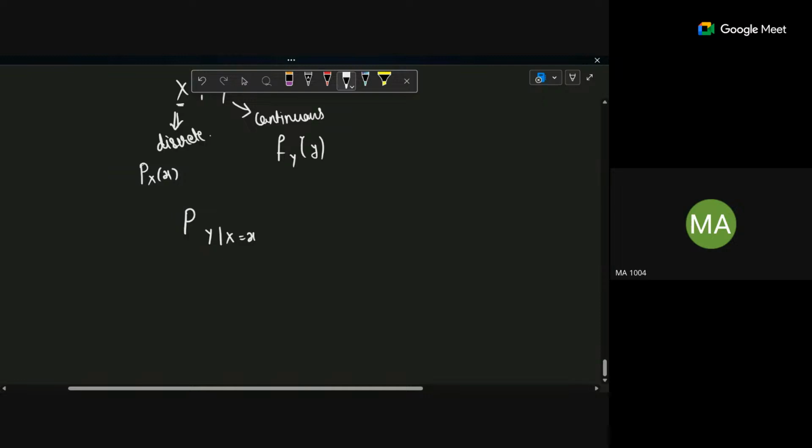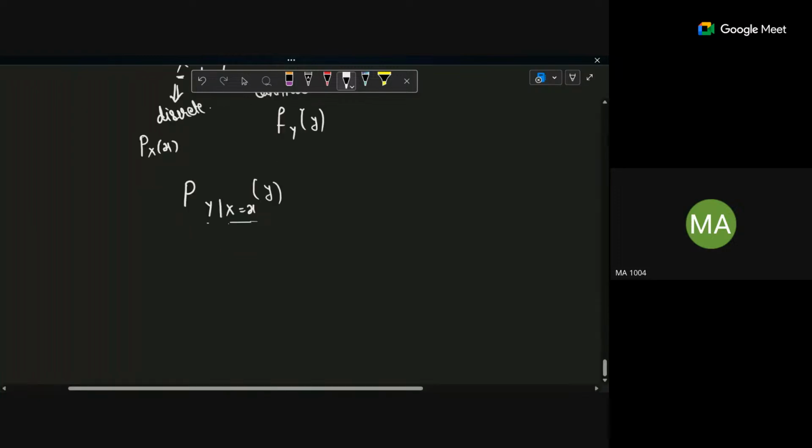That means the probability of the continuous random variable given that x has already happened. That means probability of continuous given discrete random variable. Then we use this information to find conditional probabilities and all these things.